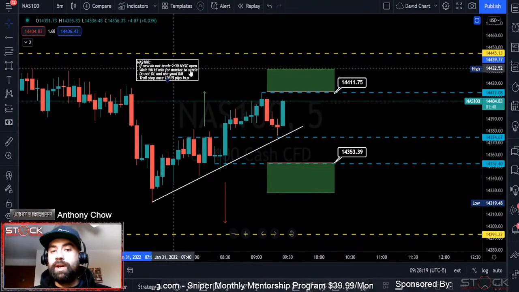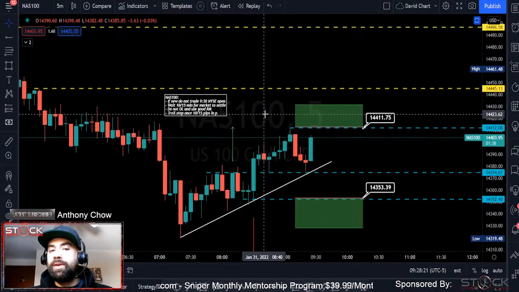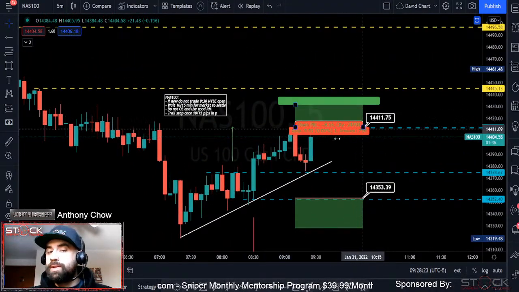Okay, look at this pump. Okay, I would not be entering in right now, guys. If this thing wants to pump up and go into it, let it do its thing, okay?